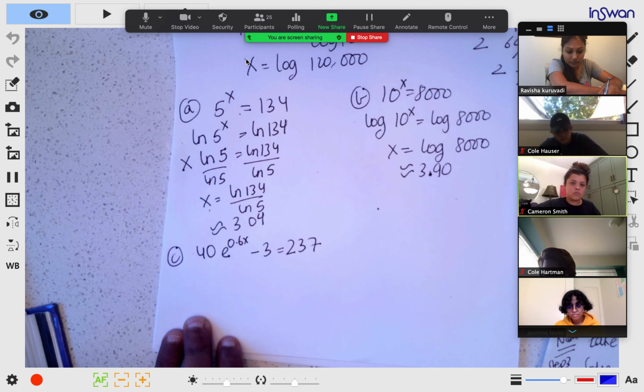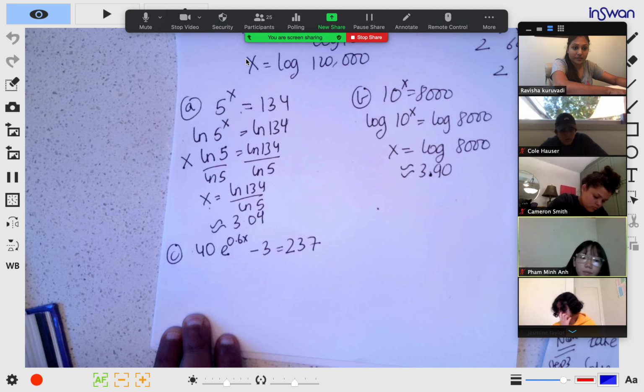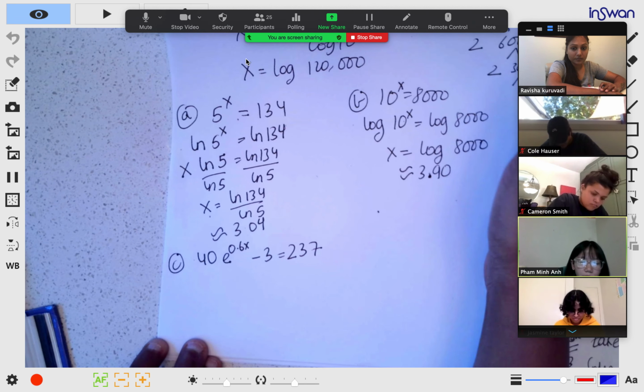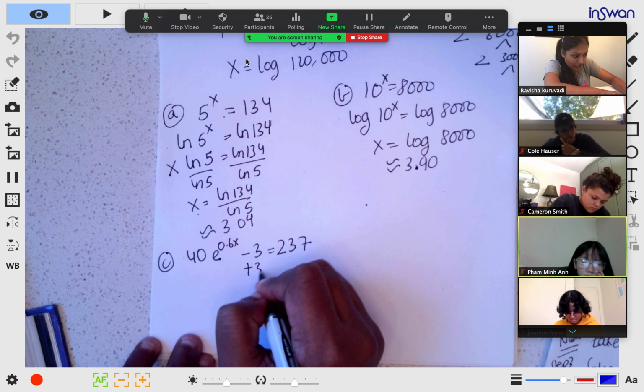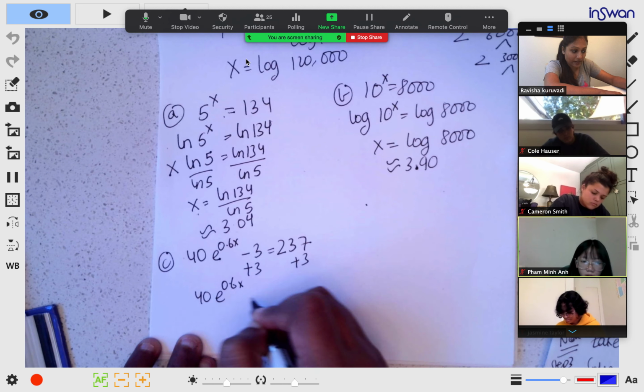Minhan, can you help me solve this one? First you get rid of the negative 3 on the other side, so it's going to be 240. So you get 40 e to the power of 0.6x is equal to 240, correct?